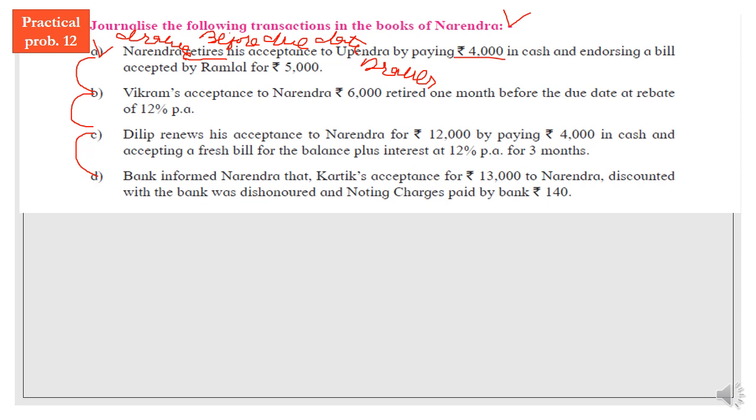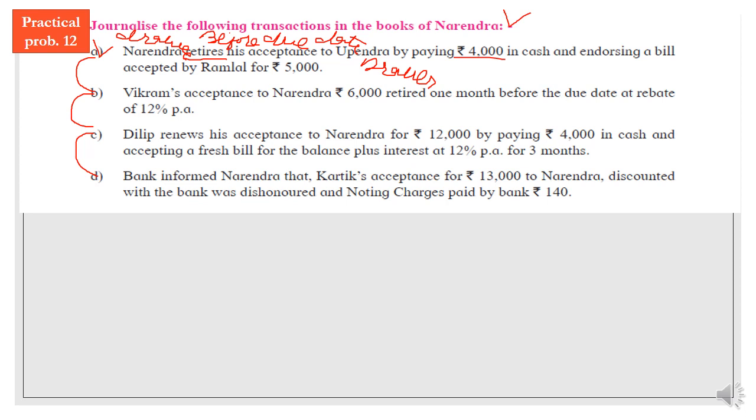For making the 9,000 payment, Narendra gives 4,000 in cash, and for the balance amount of 5,000, he gives the bill of Ramlal, who is the drawee of Narendra. So Ramlal is a drawee of Narendra and Narendra is a drawee of Upendra. This is the relation, students. We will figure it out while writing the journal entry.